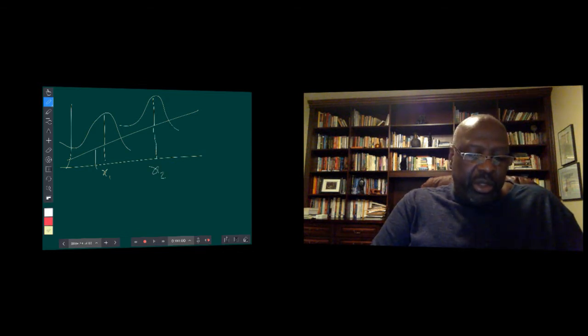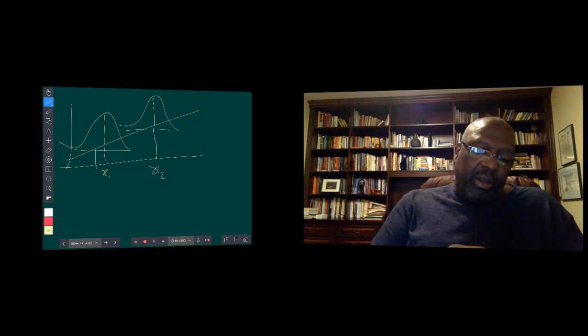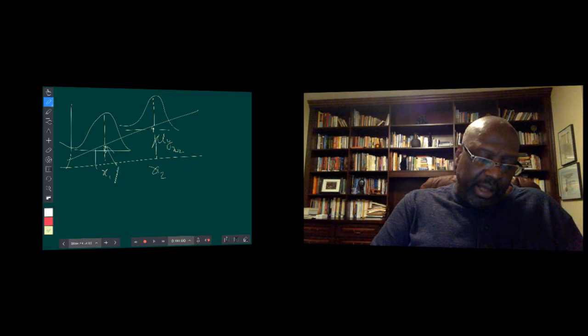Well, there's a distribution of values for each of those points. That distribution has a mean for that given x value. So there's a mean value of y for x2, and this here would be the mean value of y for x1.